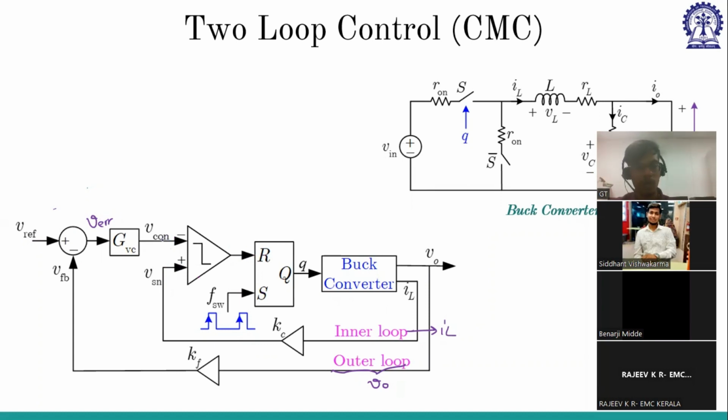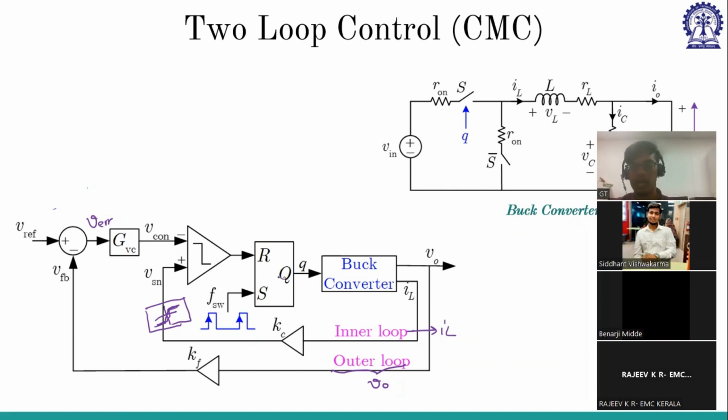Whereas in the case of voltage mode control, this inner loop is not there. Now we have connected this inner loop. Actually, we can put a saturation here. If you want to put a saturation, you can saturate it. Even if the value is more than that, we can put a saturation limit, so it will not cross that value. So we can put a saturation limit on current.